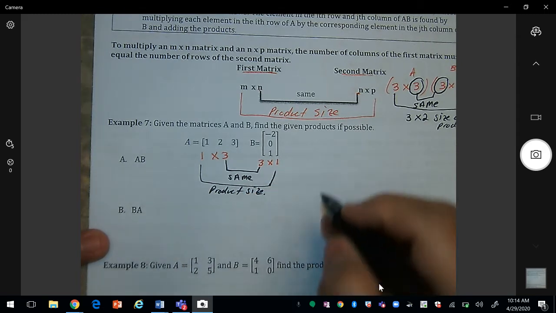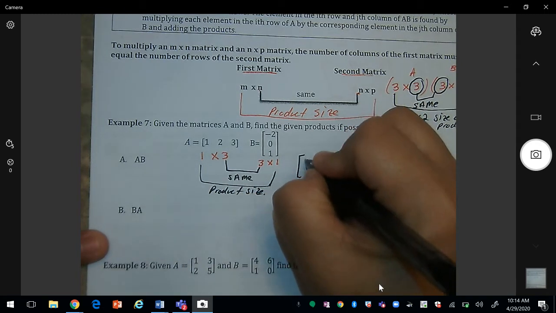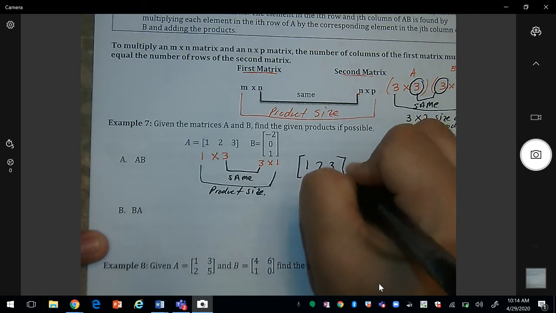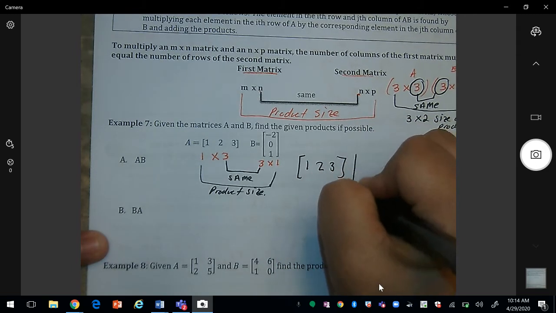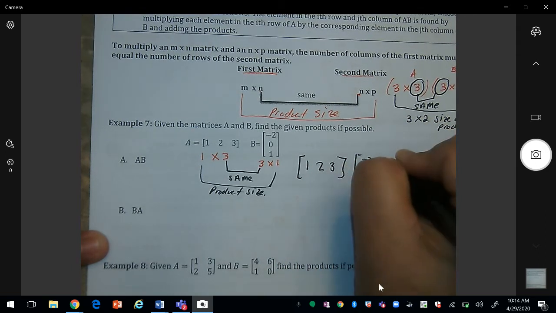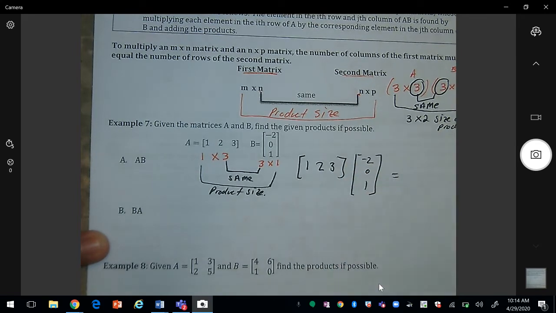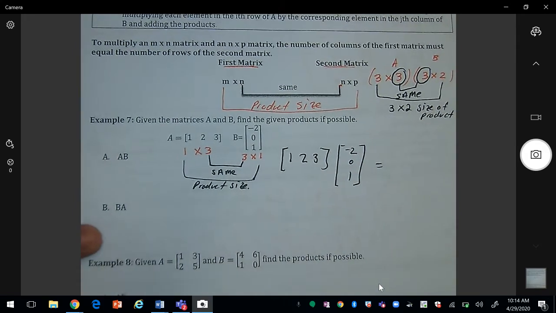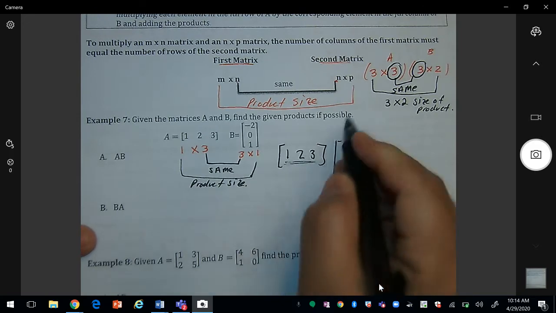Okay, so I'm going to go ahead and write the two matrices here, 1, 2, 3, and we're multiplying this times -2, 0, 1. First we look at the first row with the first column.